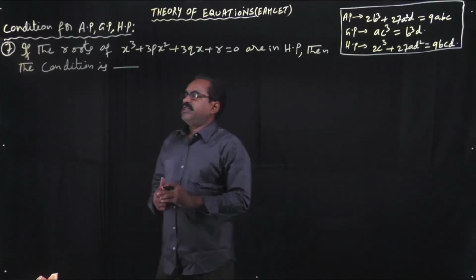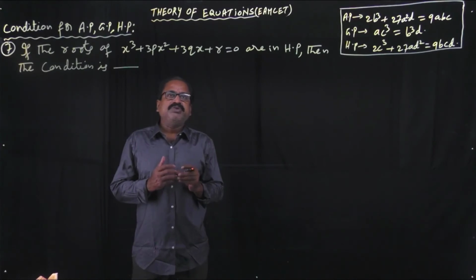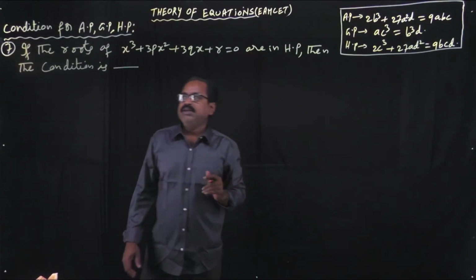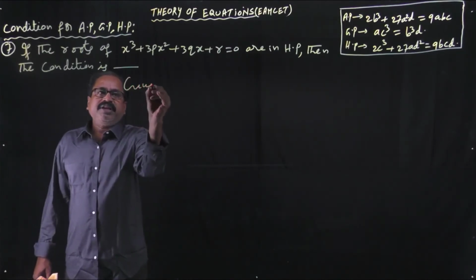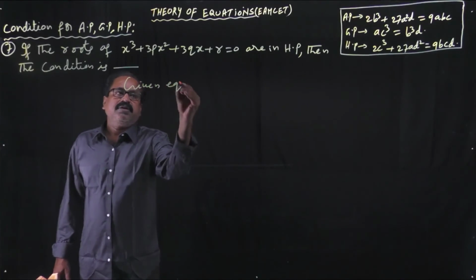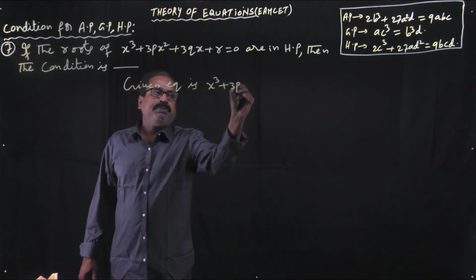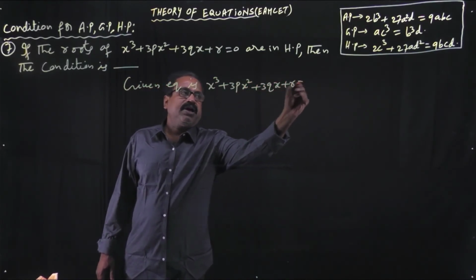So seventh one is, if the roots of x cube plus 3px square plus 3qx plus r is equal to 0 are in harmonic progression, then the condition is, so given equation is x cube plus 3px square plus 3qx plus r is equal to 0.